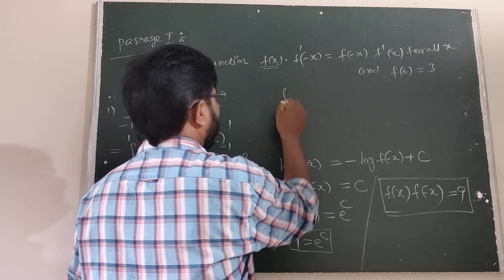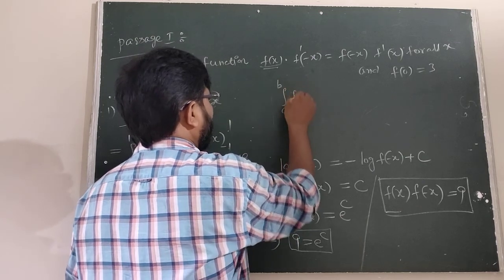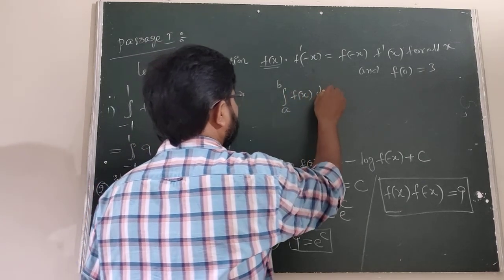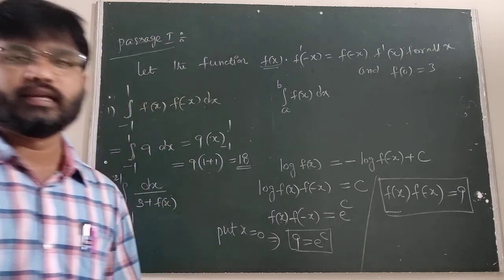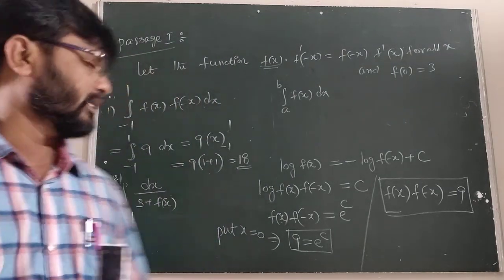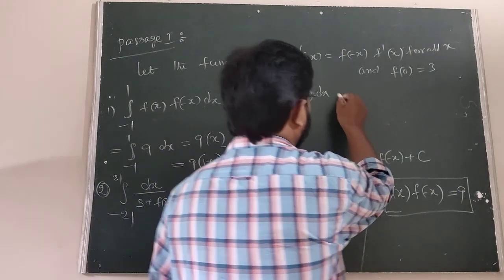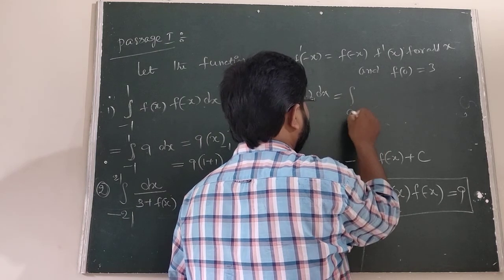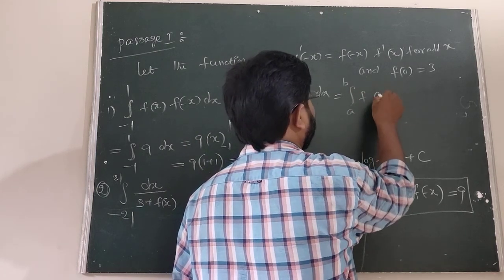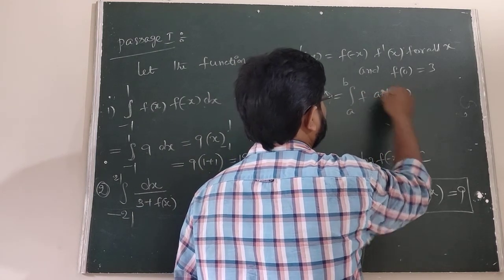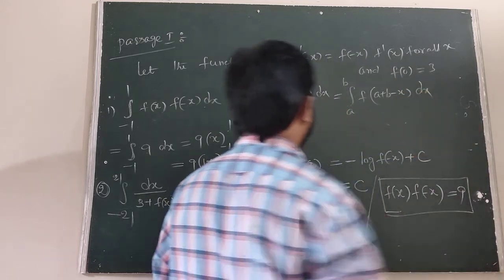the integral from a to b of f(x) dx. Everybody knows that the integral from a to b of f(x) dx is, how to write this one, the integral from a to b of f(a + b - x) dx. Is it clear or not?